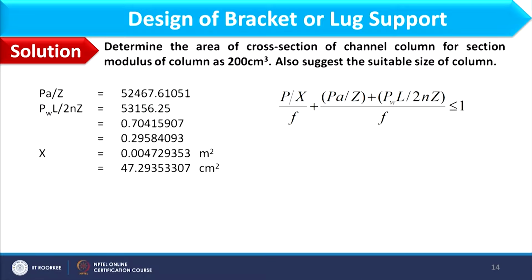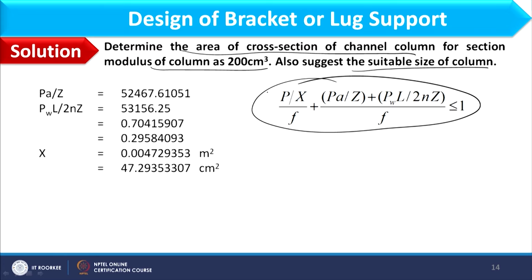Next step is to determine the area of cross section of the channel column for a sectional modulus of 200 centimeter cube. Okay, and we need to suggest the suitable column for the bracket. So, this is the expression to calculate the cross sectional area of column, where x is the cross sectional area of column.